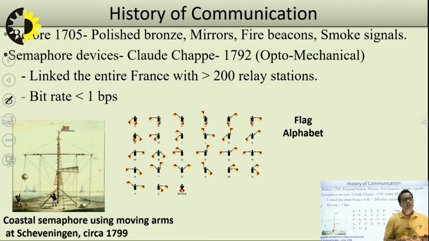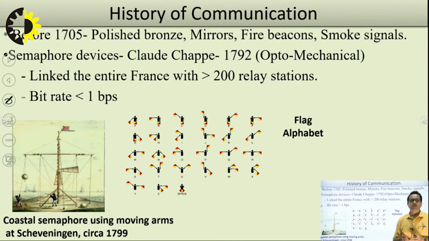Different gestures of a flag are used: a person stands with two flags in his hand, and with the position of the flags he indicates a particular letter. The various letters used for transmitting information are given in the slide.